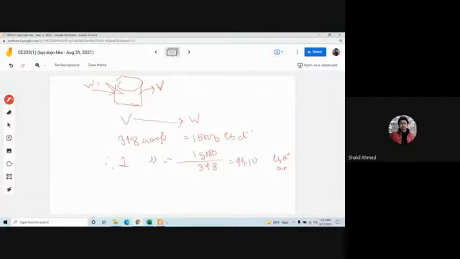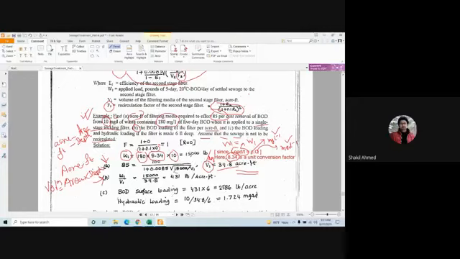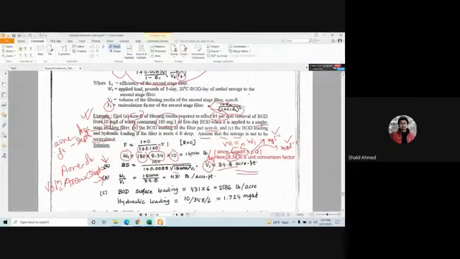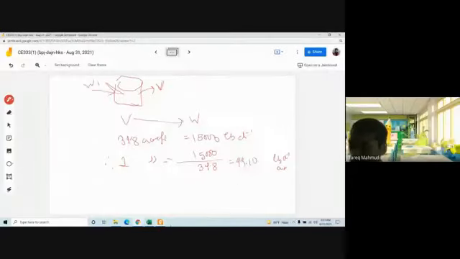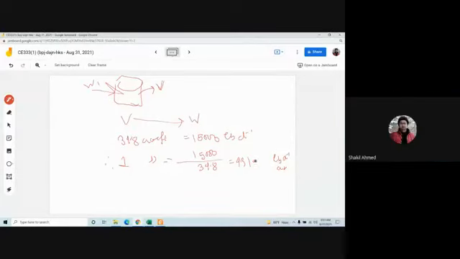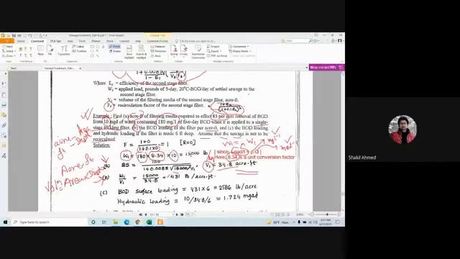So 431.03. So 431 pound per acre feet. This is per day also.